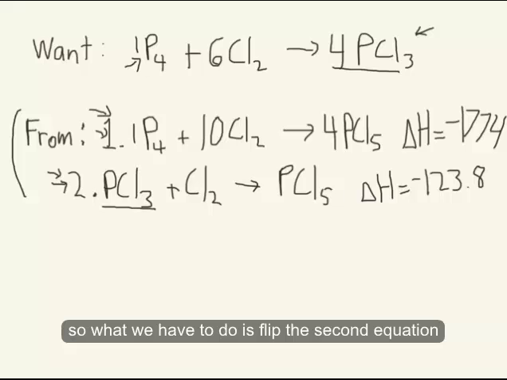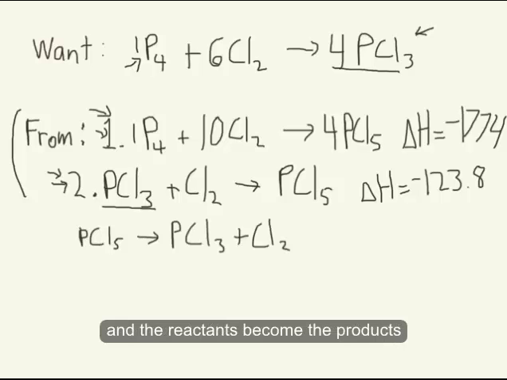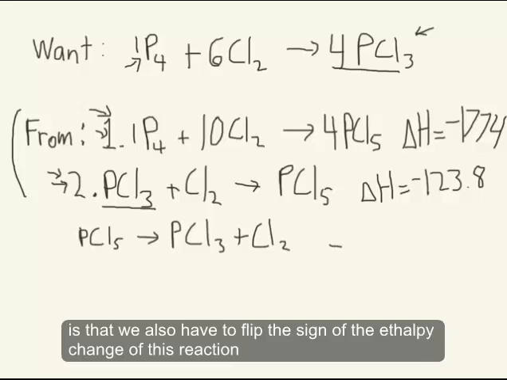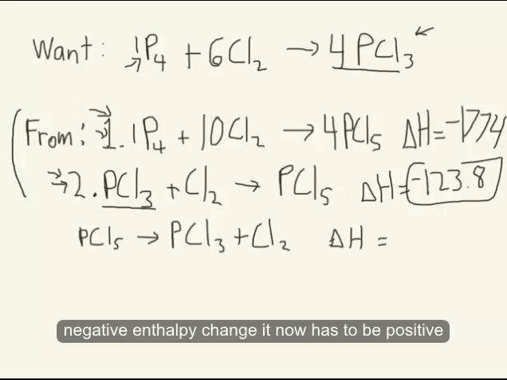So what we have to do is flip the second equation. The product becomes the reactant, and the reactants become the products. But the most important thing here is that we also have to flip the sign of the enthalpy change of this reaction. So if it was an exothermic negative enthalpy change, it now has to be positive.